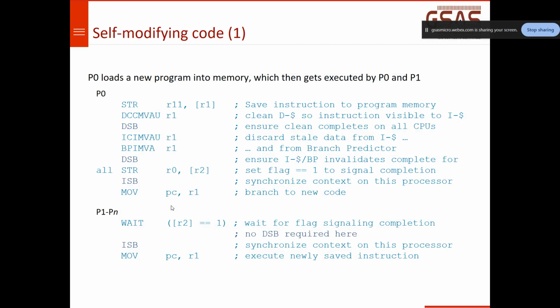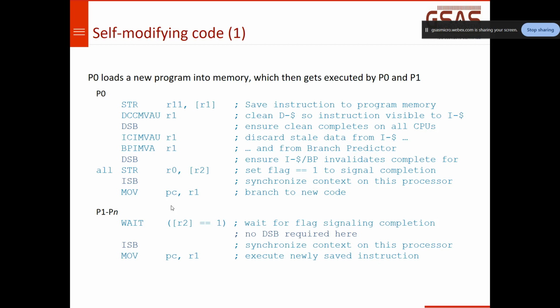Here also, because we're loading a new program to the memory, first we are loading whatever code into the memory. The memory can be RAM or flash. So here we are storing the data to the program memory.